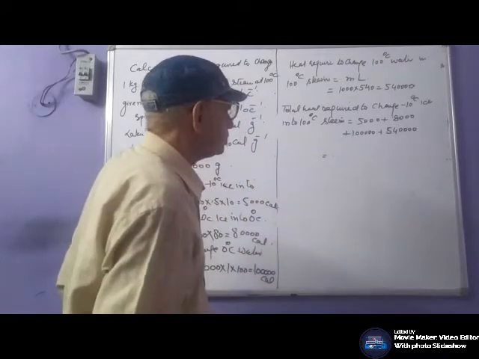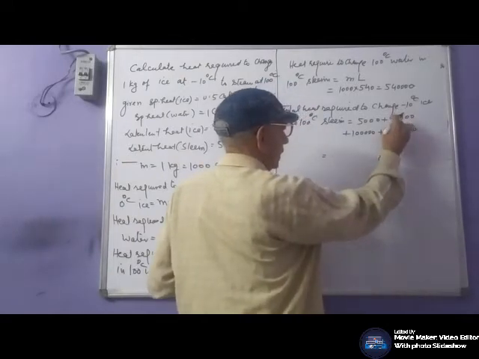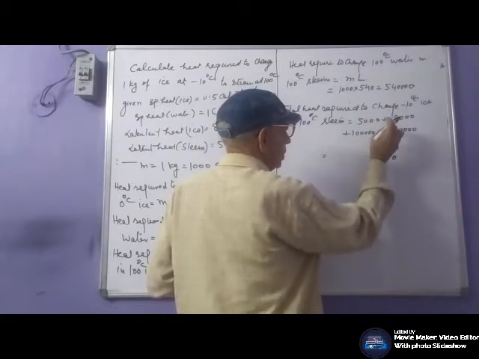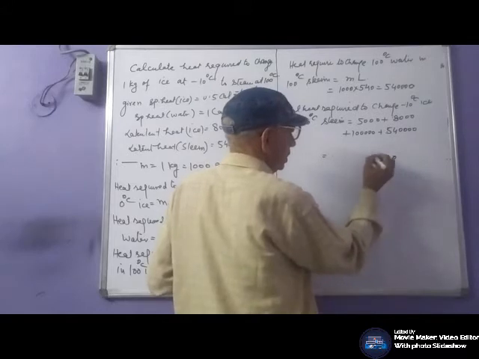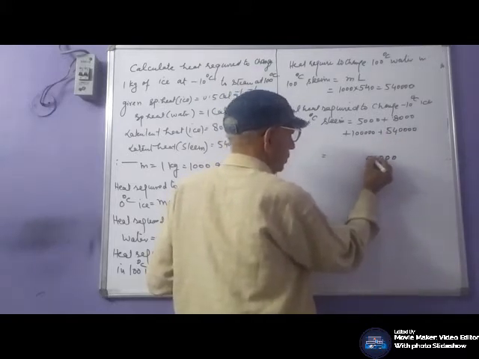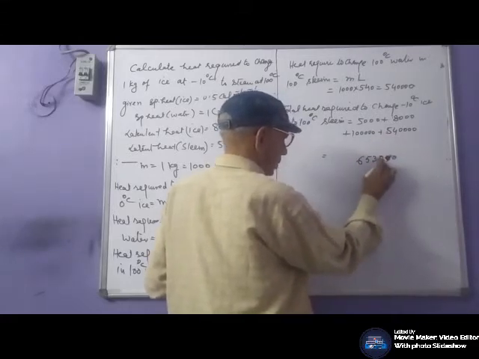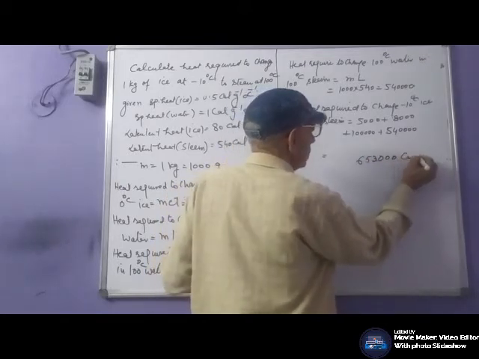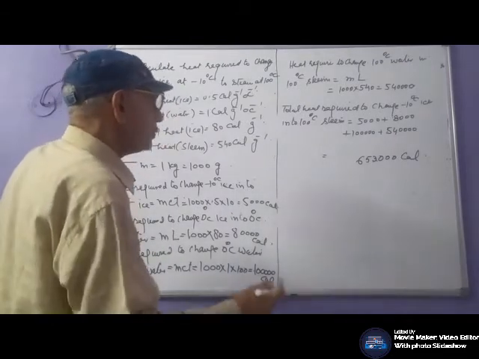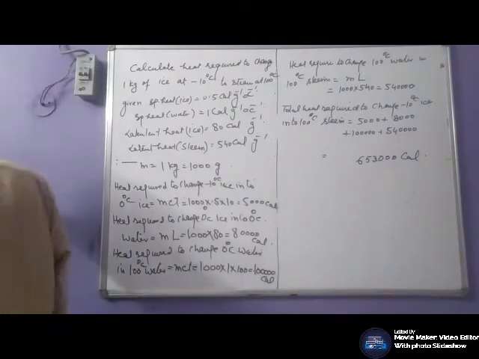Now add them, 3 zeros, 8, 5, 13, it is 5, it is 6, calories. If you want to change it in joules, multiply it by 4.2.